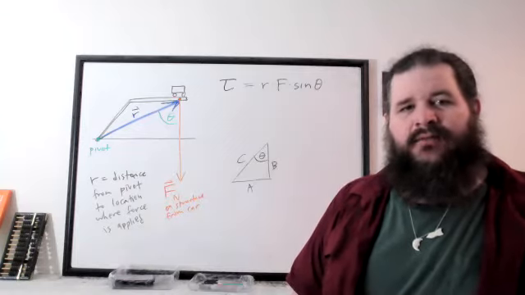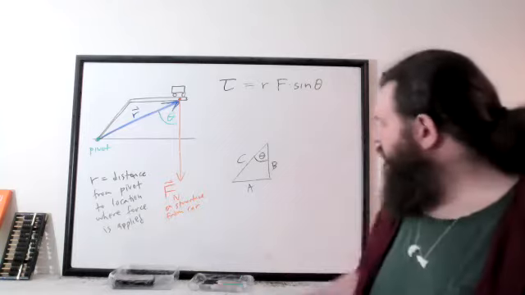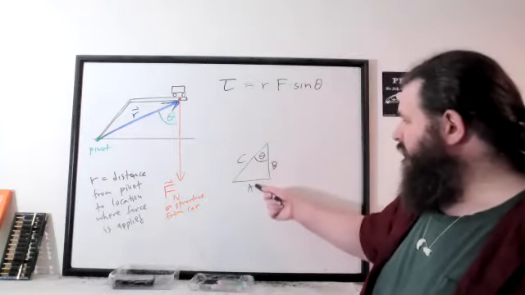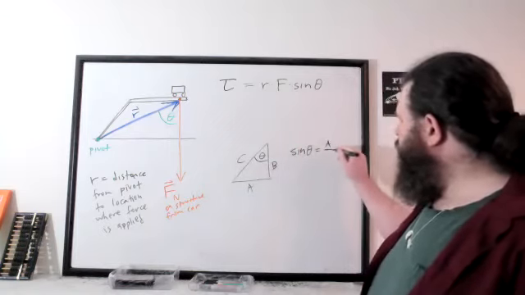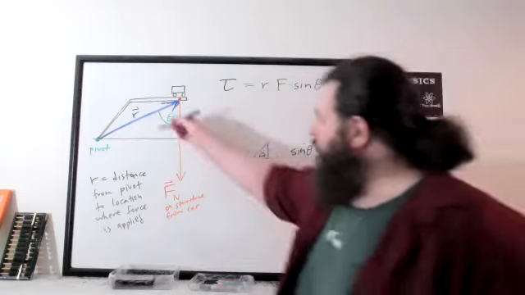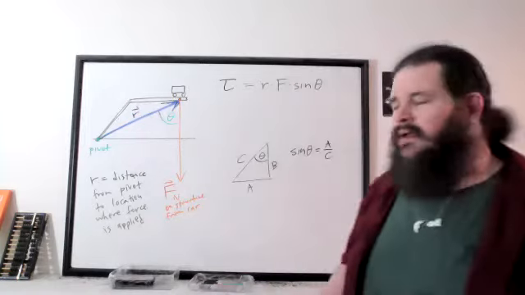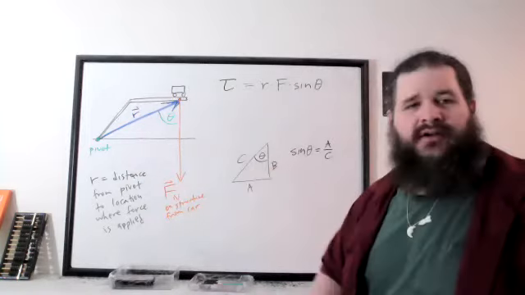Or in any right triangle, what does sine theta represent? Yeah, in this case, that's going to be A over C, the opposite side divided by the hypotenuse. So sine of an angle between vectors is a ratio of sides of this triangle.